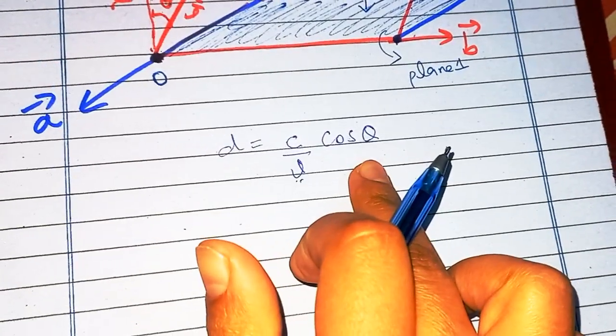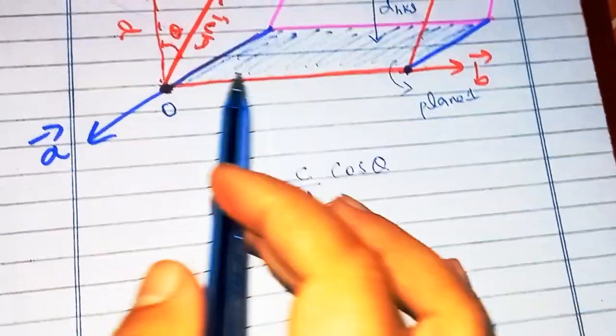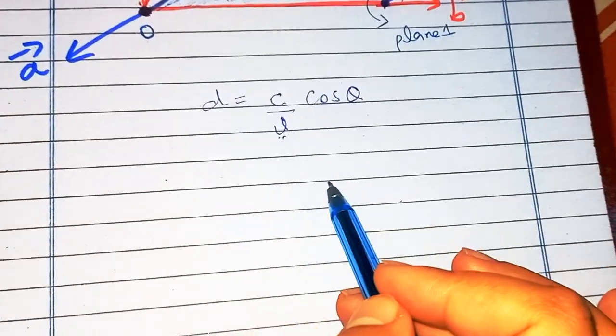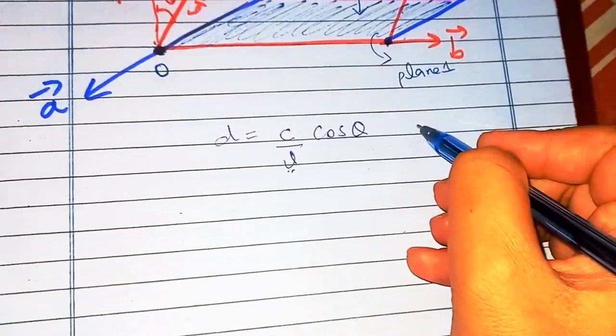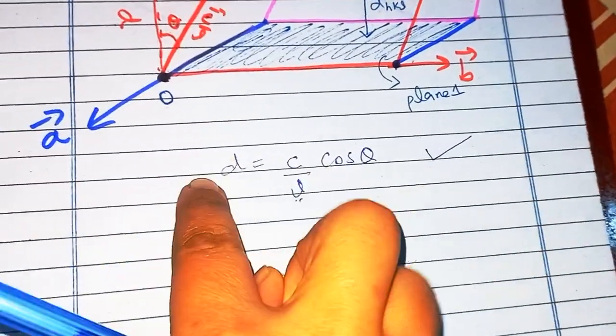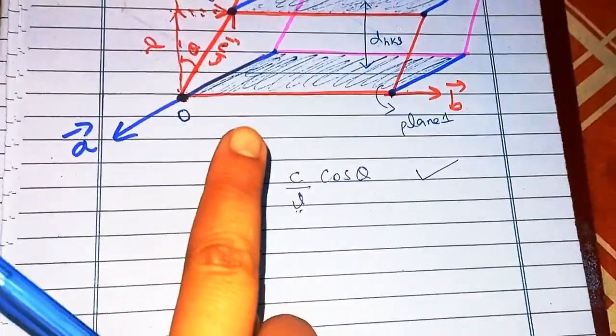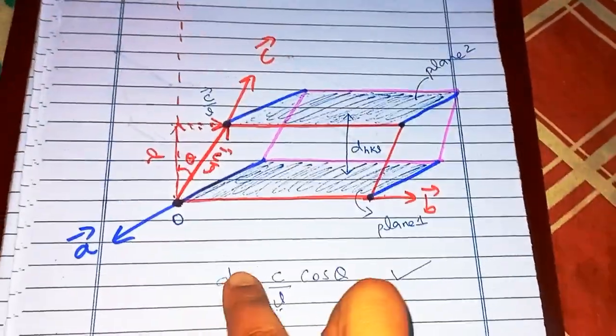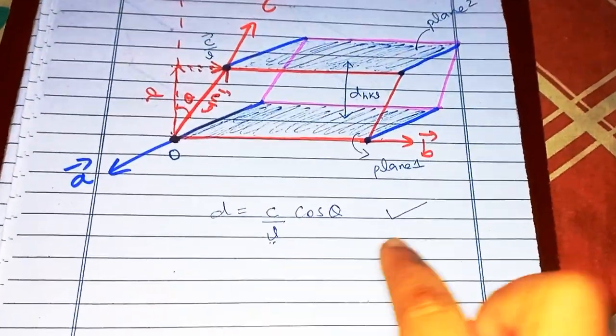The vertical component of c by l would be c by l sine theta, but we are interested in cos theta because that is what gives the interplanar spacing. Alright, I hope you are not confused at this point, and that is it.